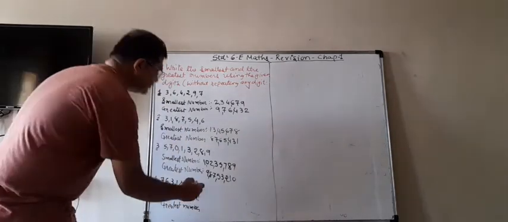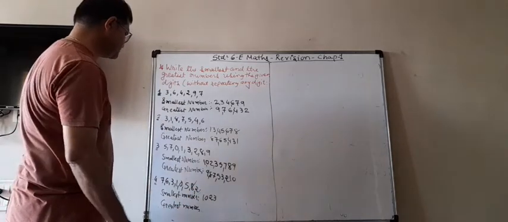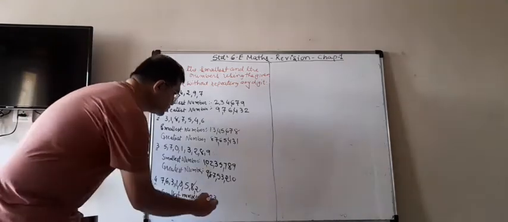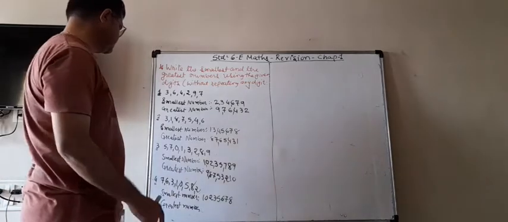The smallest number will be 1, then 0, 2, 3, 5, 6, 7, 8.